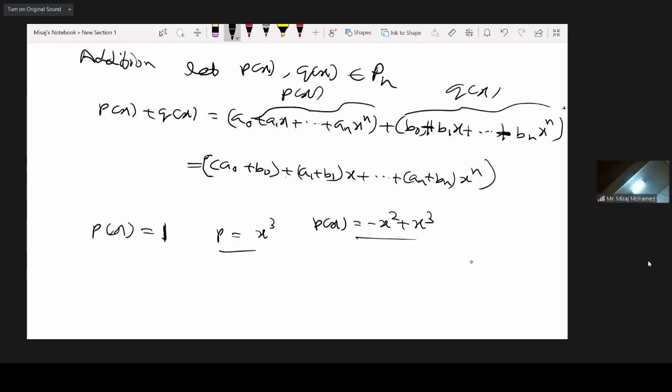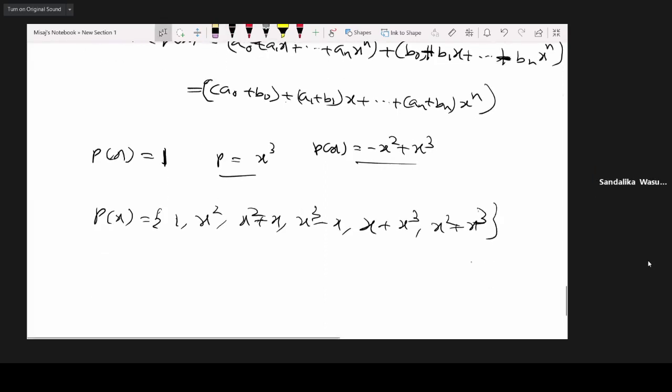There are many x terms in that example, x squared and x cubed, like that. So you are telling that here we have 1, x squared plus x cubed, minus x, x plus x cubed, x squared plus x cubed, like that.